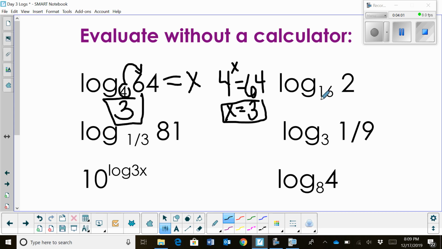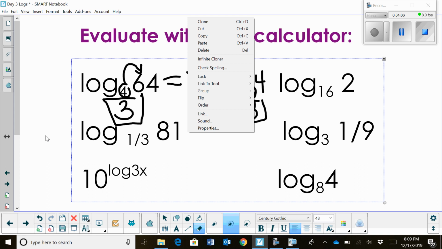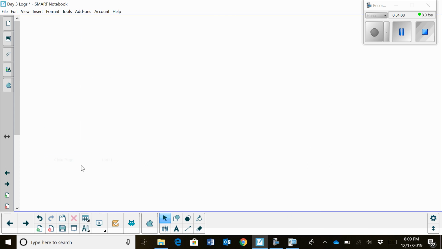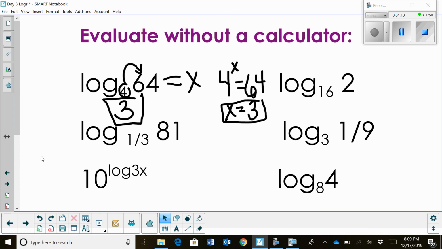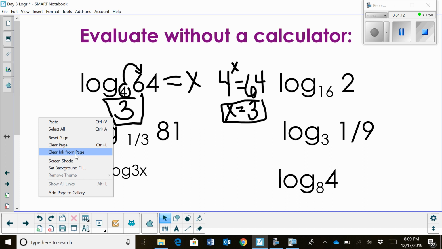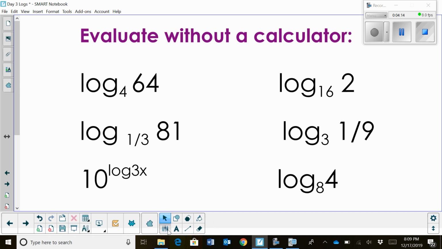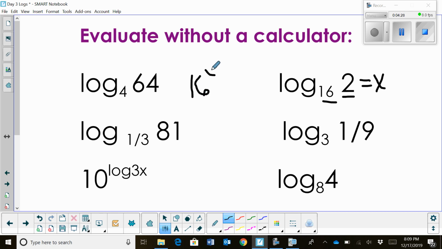So let's take this next one. I'm going to erase this for you so you don't have as much stuff on here. Let's just clear the ink there. There we go. Okay, so let's rewrite this log base 16 of 2. So if I set this equal to x, I can rewrite this as 16 to the x power is equal to 2.